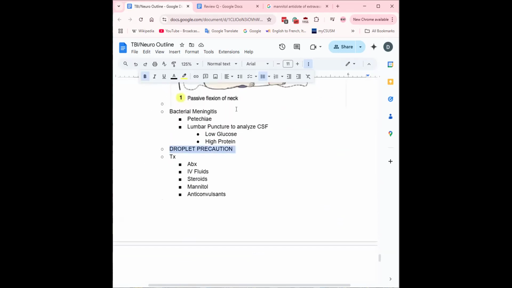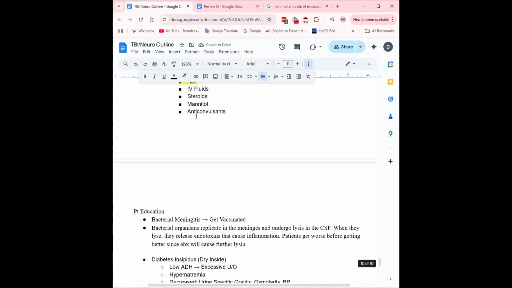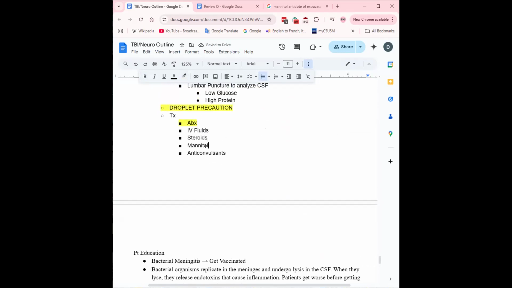Your key things are droplet precautions, and antibiotics if it's bacterial, as well as some of your other stuff here. Decrease ICP, prevent seizures, so it all ties back to your ICP management. Steroids, just like ICP management. But it's an infection, so we're also going to do some IV fluids.